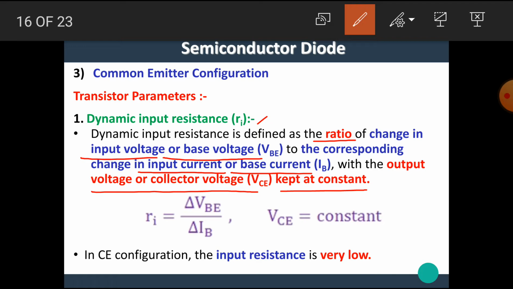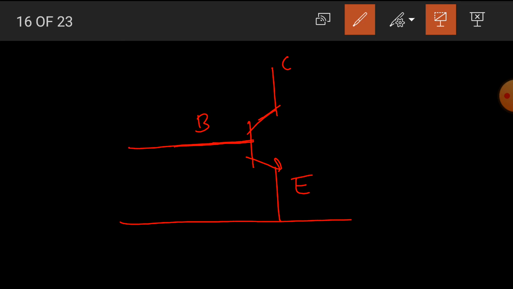That means we are going to see here the transistor configuration in common emitter mode. This is the symbol of the transistor. This is the base terminal, emitter and collector. This side is the input side while this side is the output side.